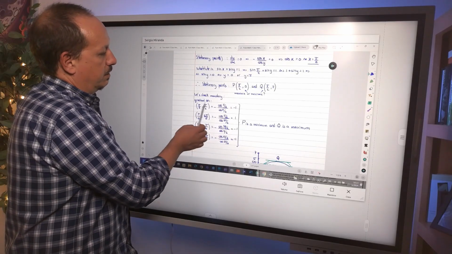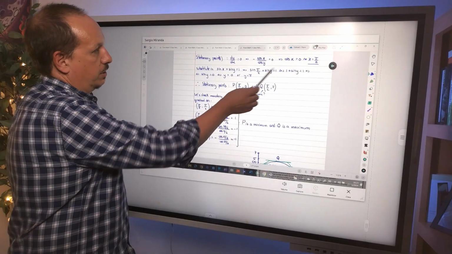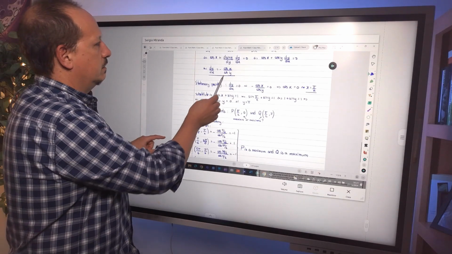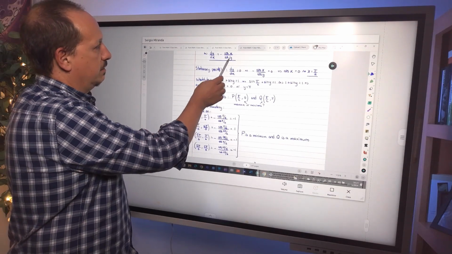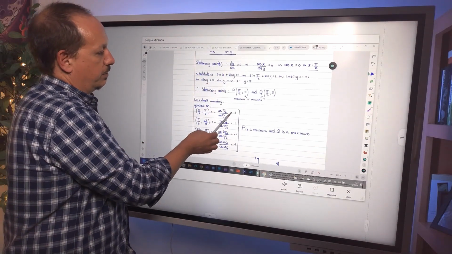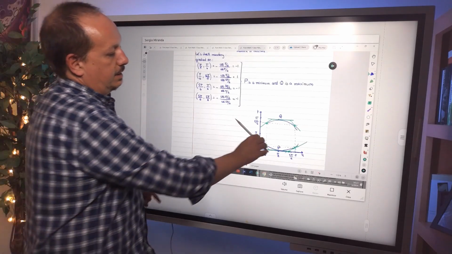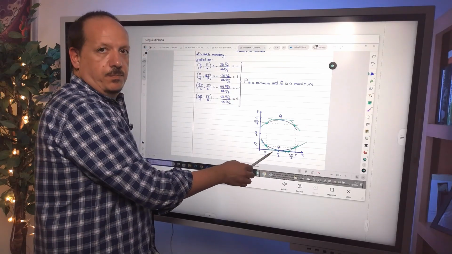I substitute the values on the expression, on this one over here. And I'll see that for this one, I'm going to get a negative value. And for this one, I'm going to get a positive value. Negative, positive, so this is a minimum.